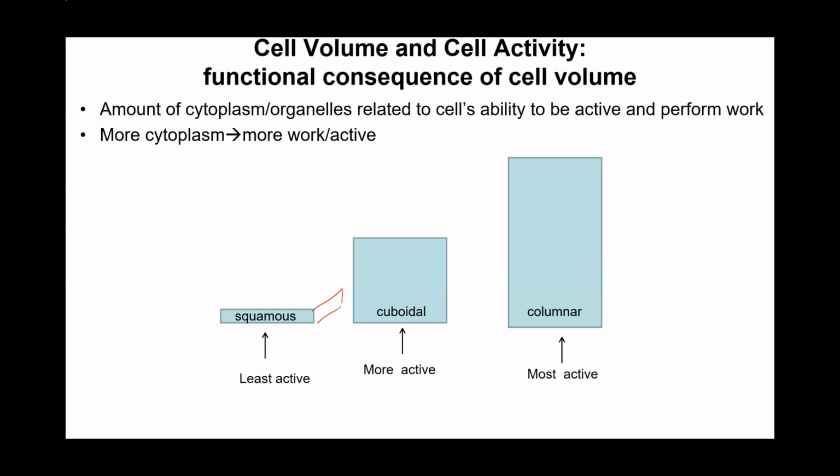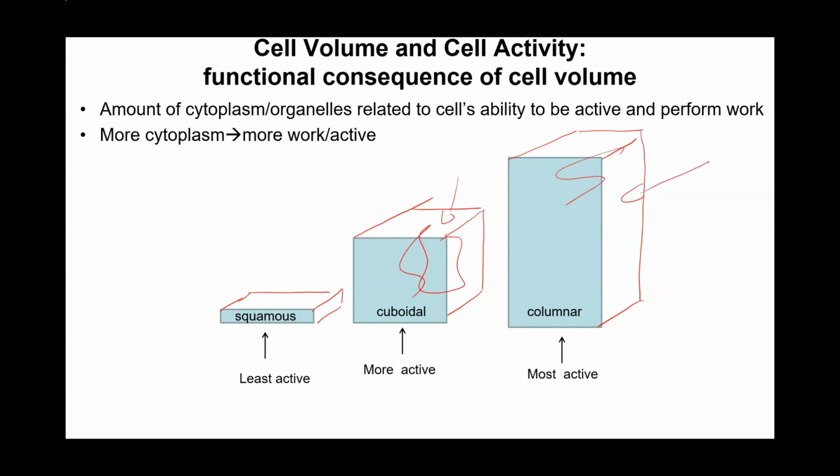Squamous cells are thin and flattened, whereas cuboidal cells are about as wide as they are tall, whereas columnar cells are narrow and tall, right? So you notice squamous cells, because of their size, are not going to have much volume or space on the inside, whereas cuboidal cells are going to have even more space on the inside.